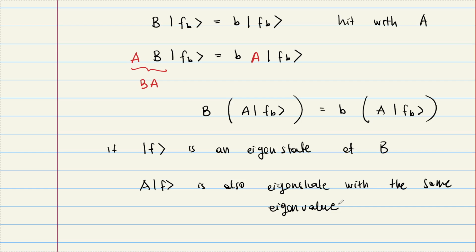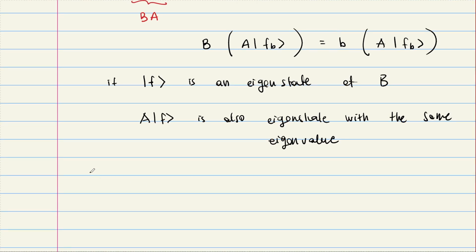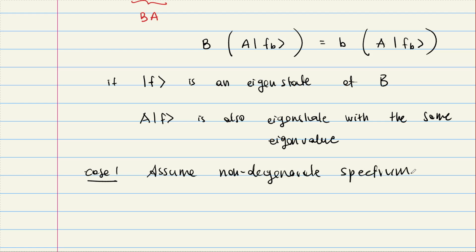Now I have to consider two cases. This is the one I called the easy one, and the difficult one I left for the end. Now, case 1: assume non-degenerate spectrum. What this means is all eigenvalues are distinct, and they have their own eigenstates.